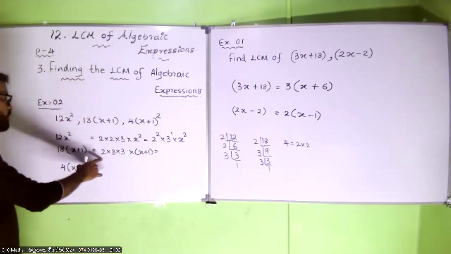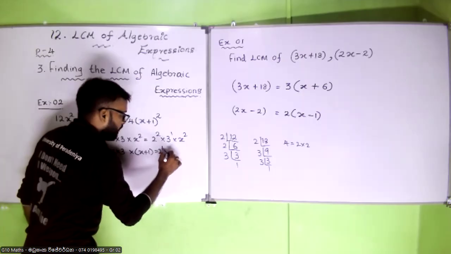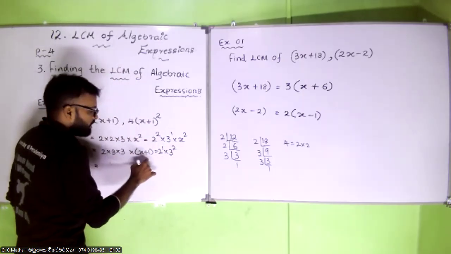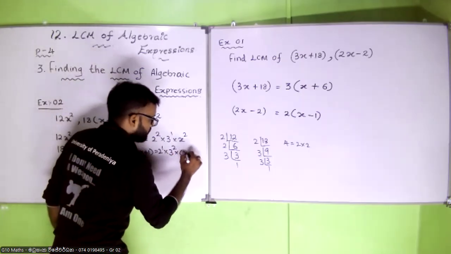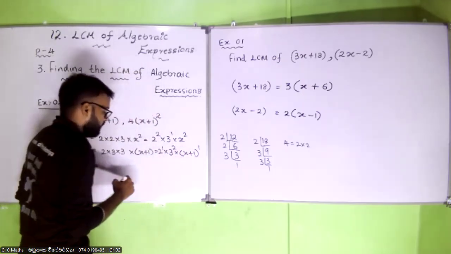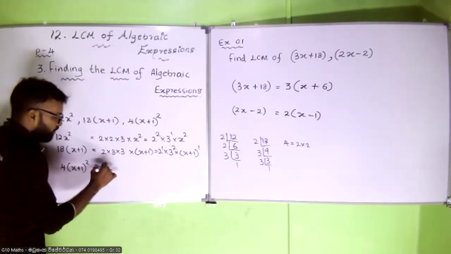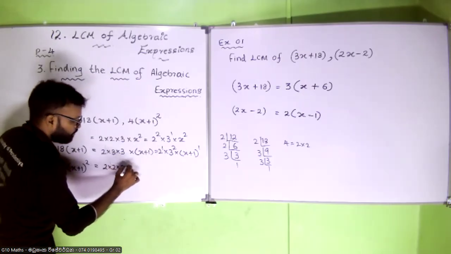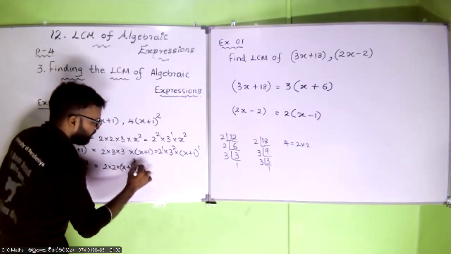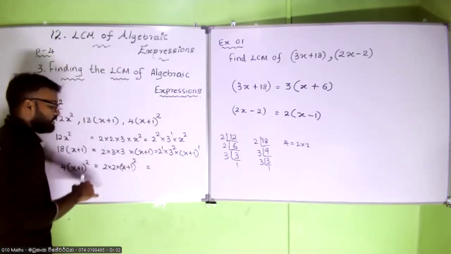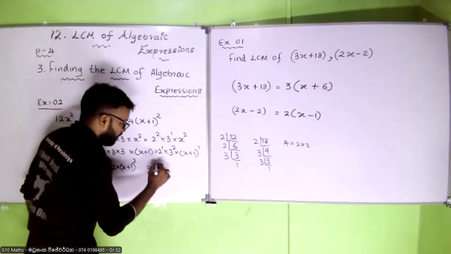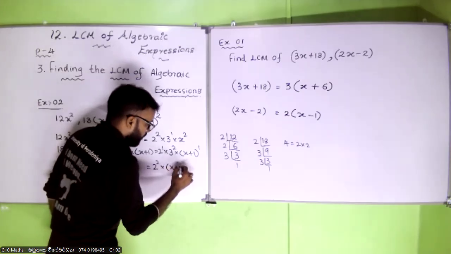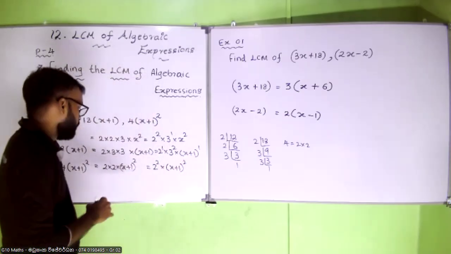So you can write 2 to the power 1 multiplied by 3 to the power 2, multiplied by x plus 1 to the power 1. And here you have 4, which is 2 times 2, times x plus 1 whole thing to the power 2. So you can represent this as 2 to the power 2 multiplied by x plus 1 whole thing to the power 2.